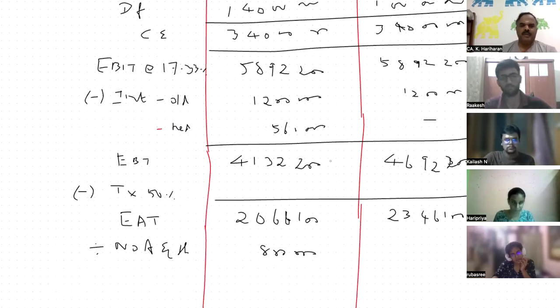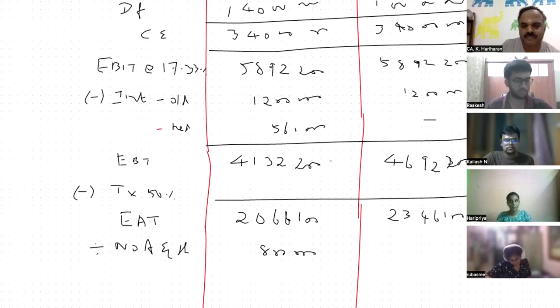For the first option, how much is the debt? We have to identify the debt equity ratio. Numerator is debt. Denominator is capital employed, debt plus equity. Am I right?